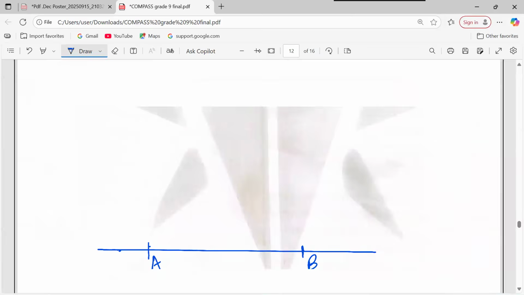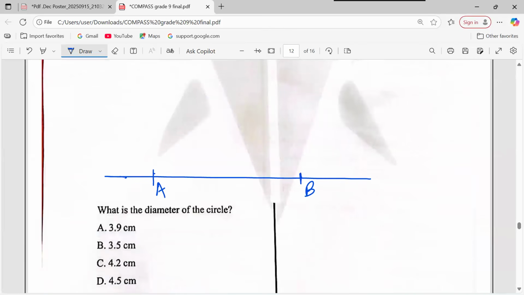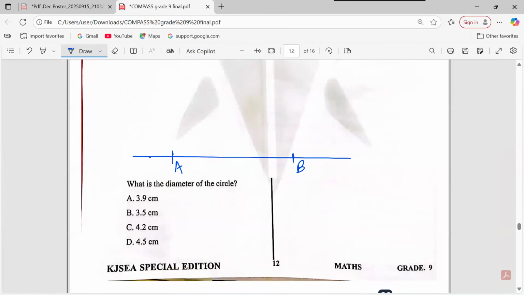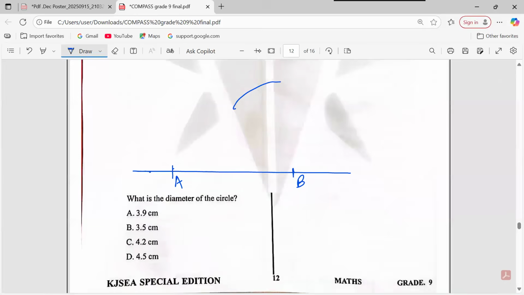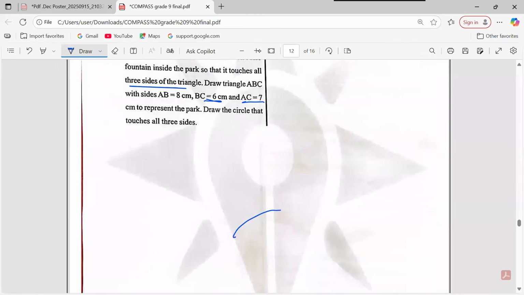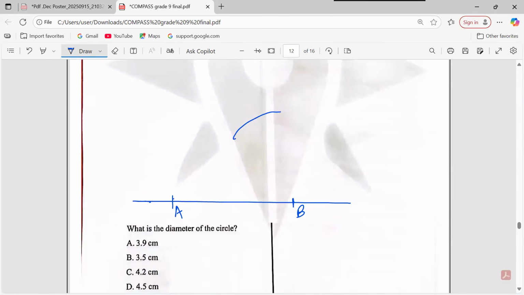Standing at B, using 6 centimeters, we make an arc like that. Then standing at point A, now for AC, we use 7 centimeters. So standing at A, 7 centimeters like that. So when we join A to B, like that, this will be our C. So we have the triangle.